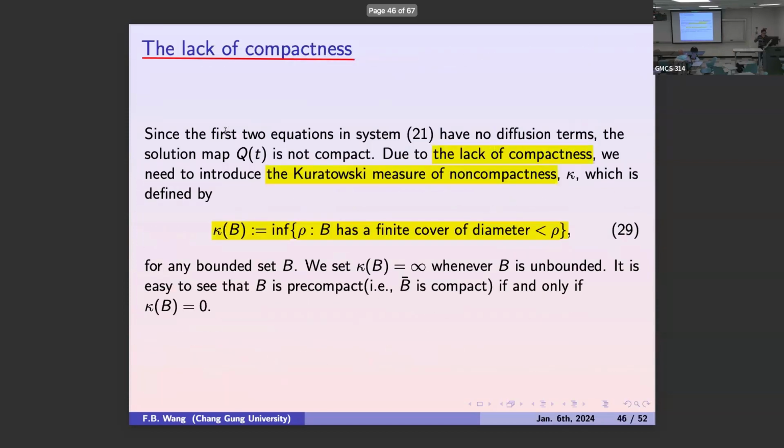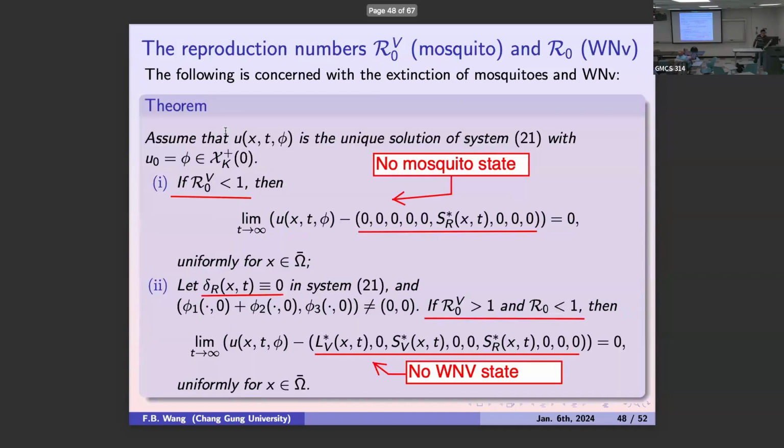I'm not sure about the details. I just mentioned why we introduce this measure: that's because we don't have compactness. Again, the result is similar to the previous one, but the mathematical arguments are quite different.